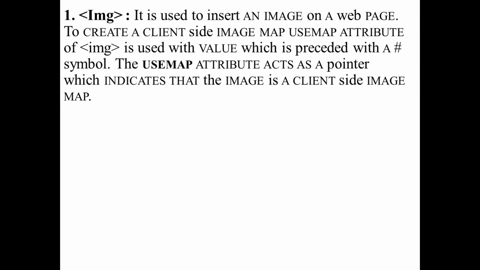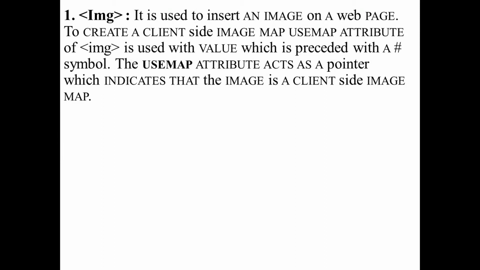The img tag is used to insert an image on a web page. All of you know how to insert an image in a web page. With the help of the img tag we add an image to the web page. To create a client side image map, you have to use the usemap attribute of the image tag.